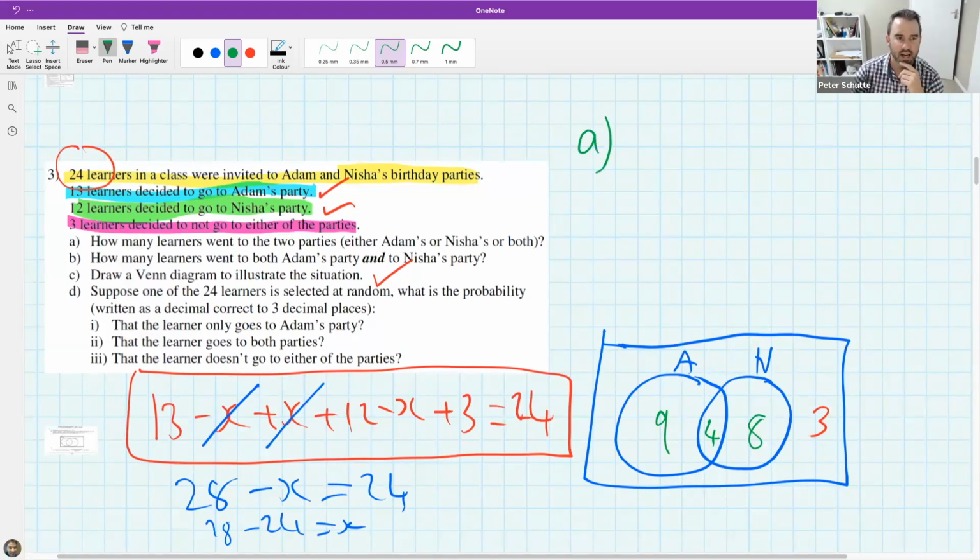So how many learners went to both or to 2 parties? So either Adam or Nisha, wait, how many learners went to the 2 parties? Oh, okay. This is basically saying, how many are there in A or N?